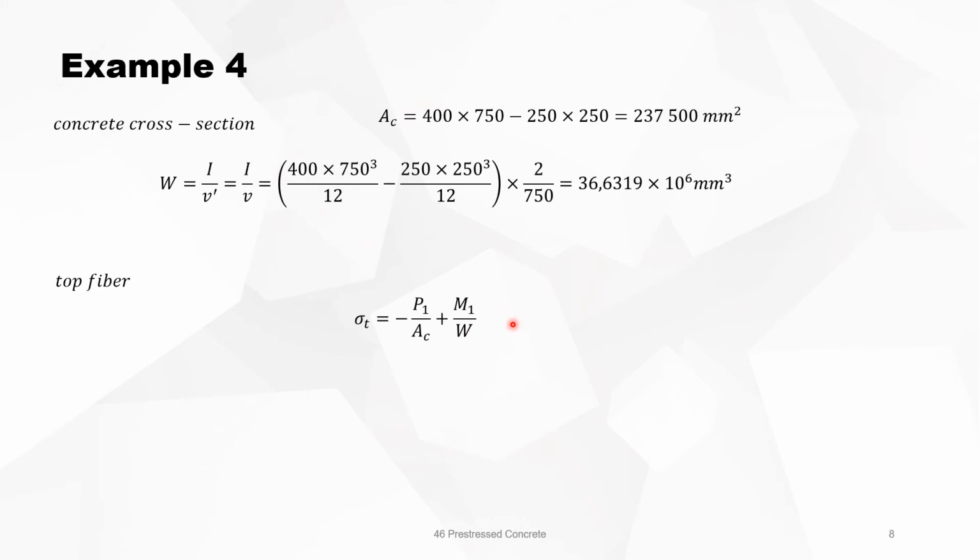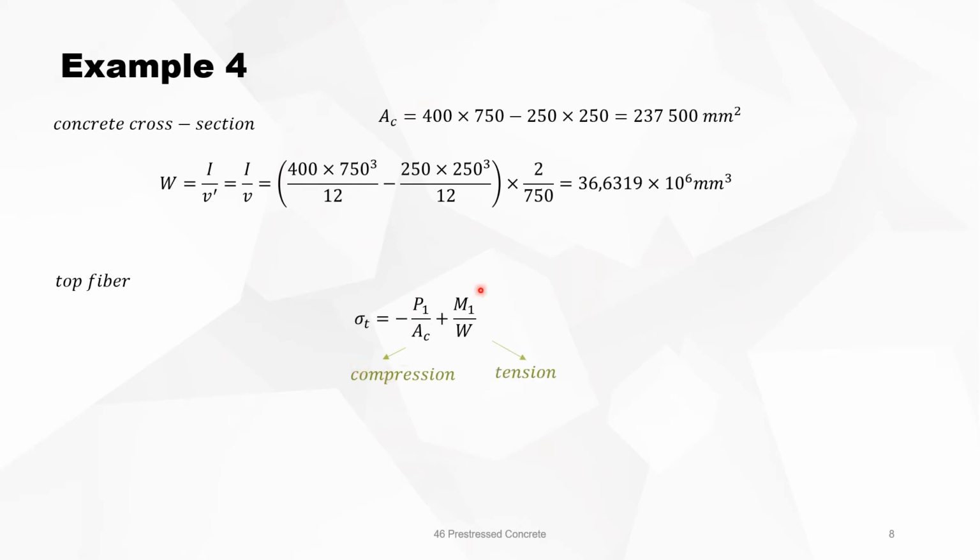So it seems that a term is missing here, which is a term of P times E and so on. But we have calculated in the beginning, M1 is calculated with P times E inclusive. So we have taken the total bending moment instead of the single bending moment only from the external loads.